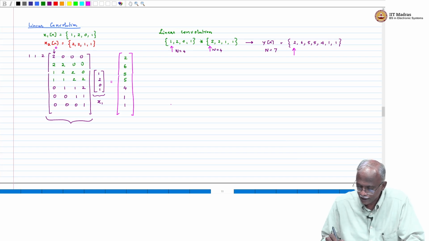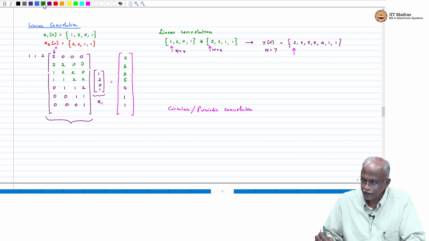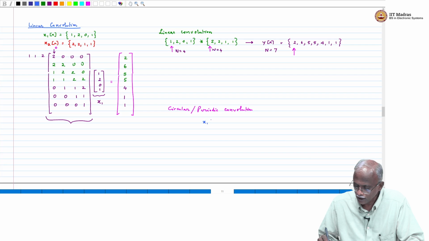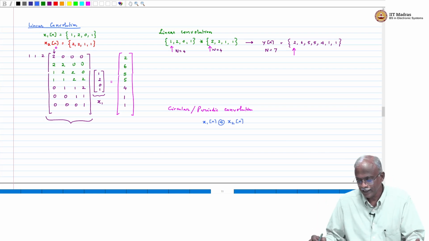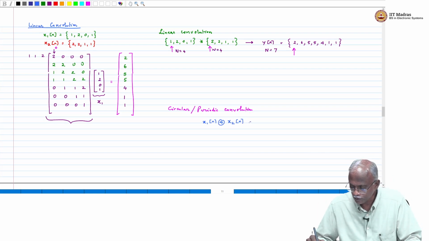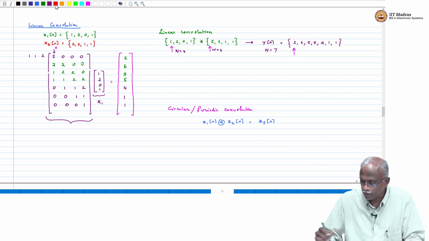So we're going to do circular or periodic convolution, represented by x1 of n, 4-point circular convolution with x2 of n. This will produce for us a sequence x3 of n, which is also of length 4.